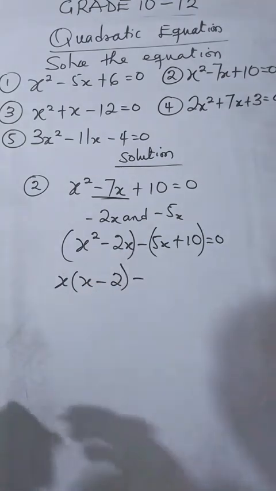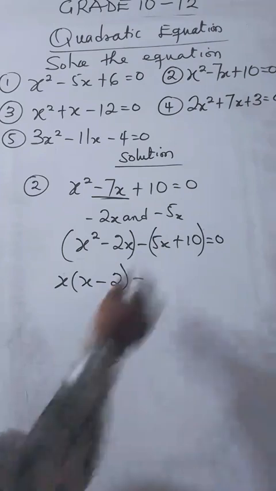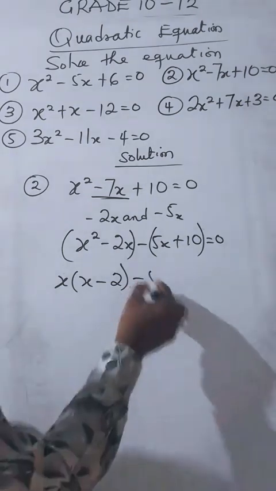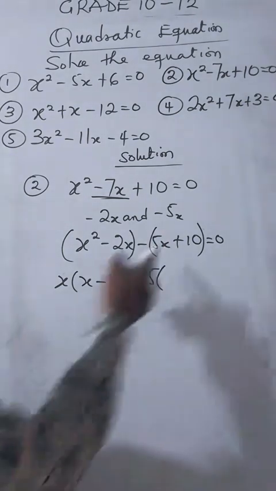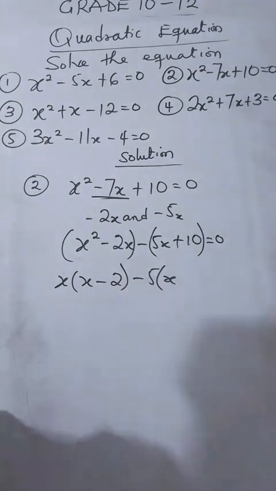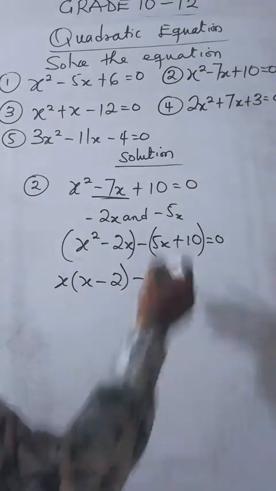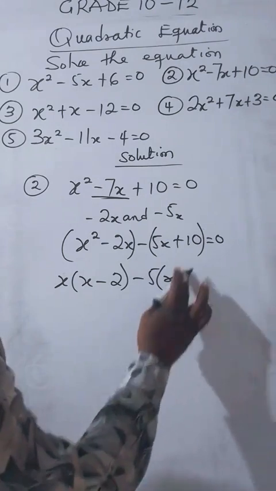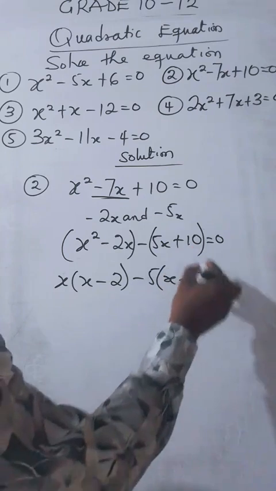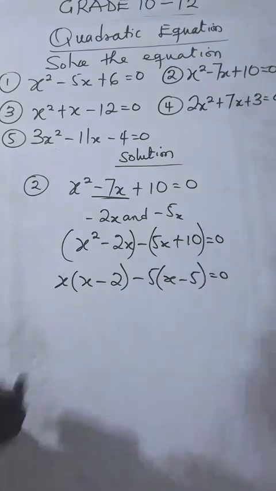Then here we have the highest common factor of 5 and 10, that is 5. So we have x here, then 5 going into 10 is 2. But negative by positive is negative, so minus 2.